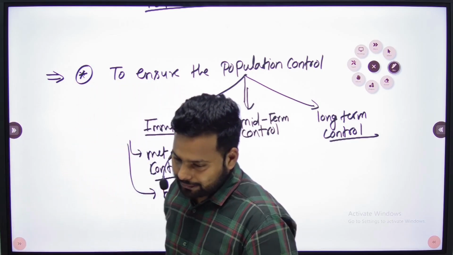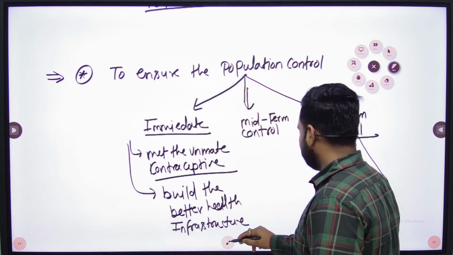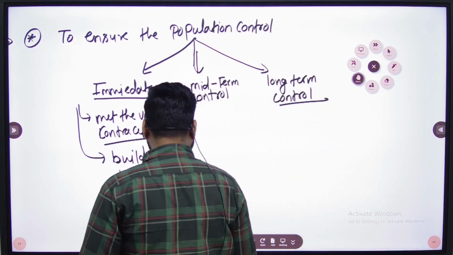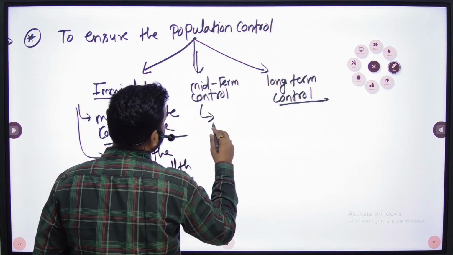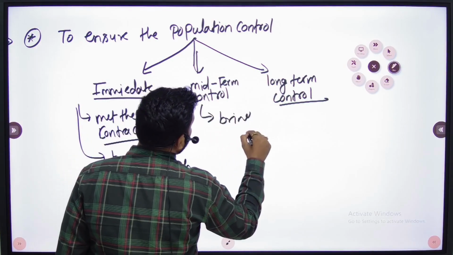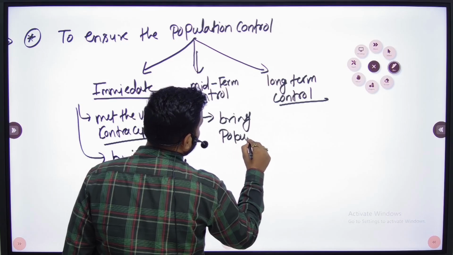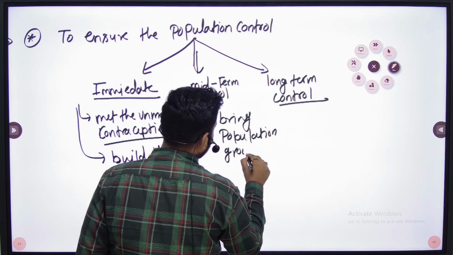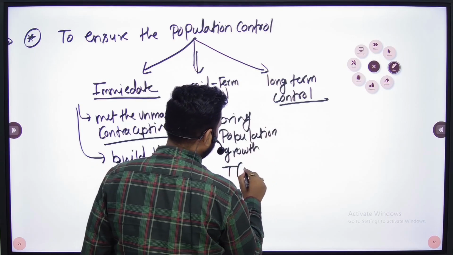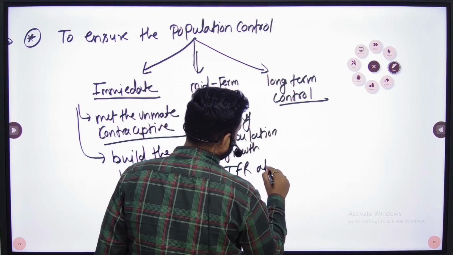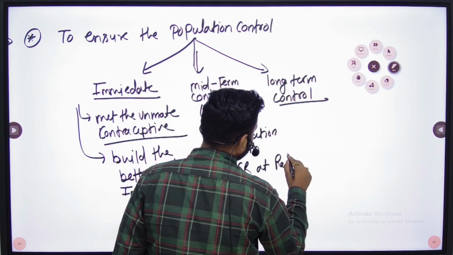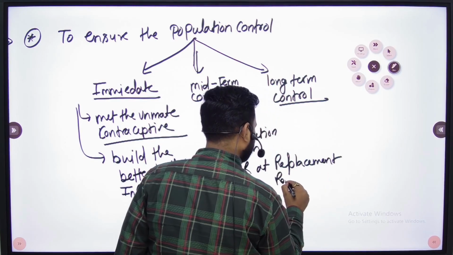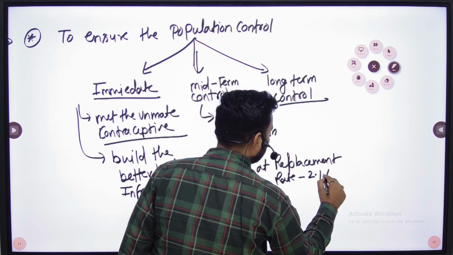And the second one is the medium-term or mid-term demand. What is the mid-term demand? The mid-term demand is to bring population growth, or the TFR, to the replacement rate of 2.1.